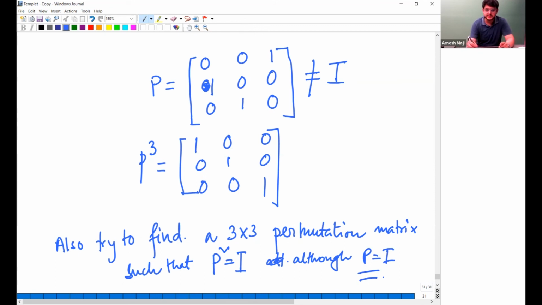This is very similar to this. So I will give you a hint. Here we were interchanging 3 rows. You can choose any 2 rows, and first you change them, and second again you put them back in the same position. You will get a matrix P, and try to find a P by which you can do this, and this will be it.